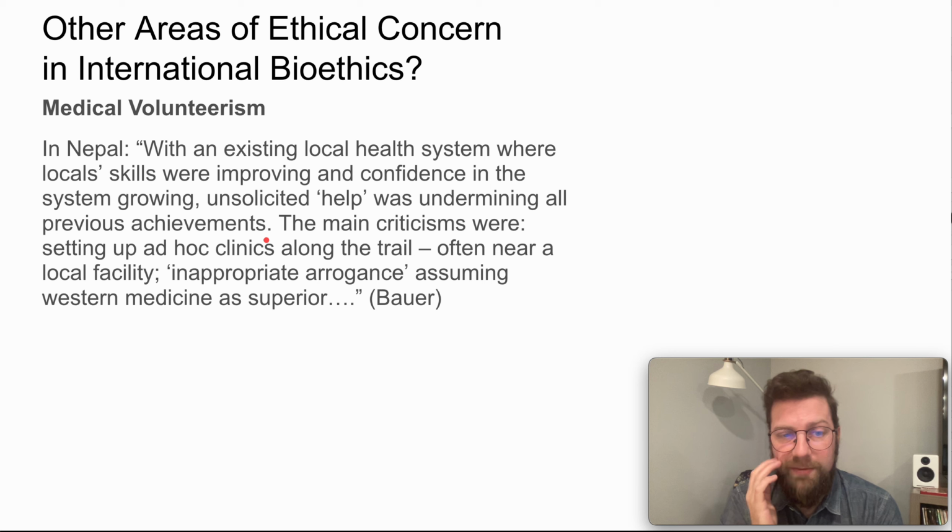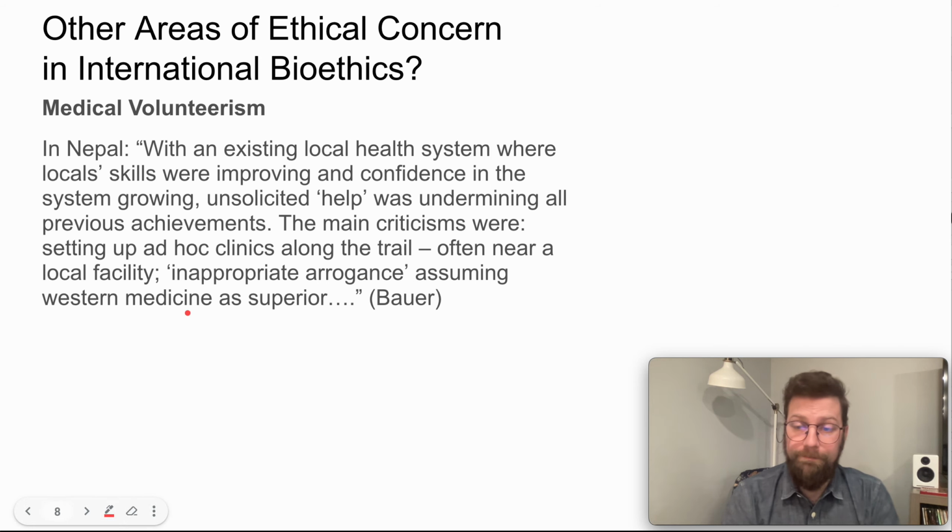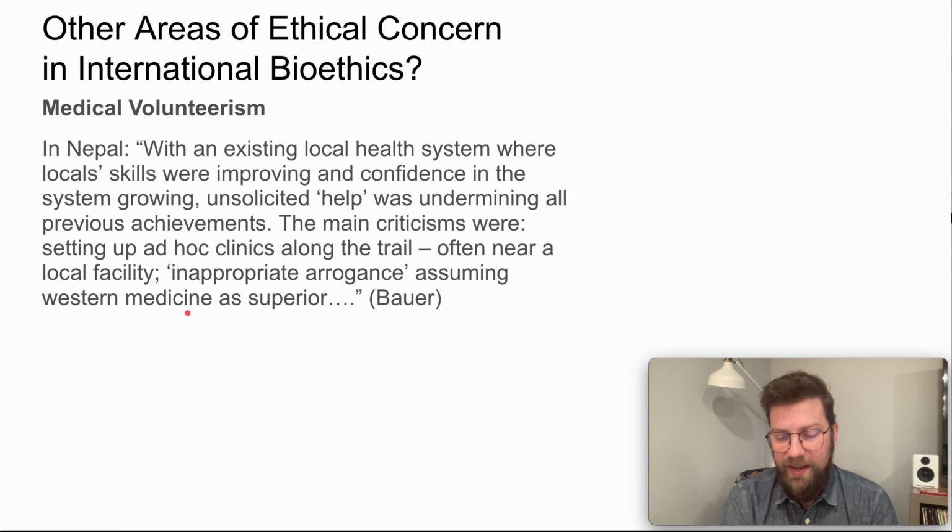And some of the criticisms were, for instance, ad hoc clinics would be set up along the trail, often near and I guess in competition with local facility, arrogance, assuming that Western medicine is superior, and in many ways offering one-shot solutions to health problems rather than something that's more sustainable and ongoing. So we can see that there are certain ways in which the Western urge to help can sometimes go quite badly.